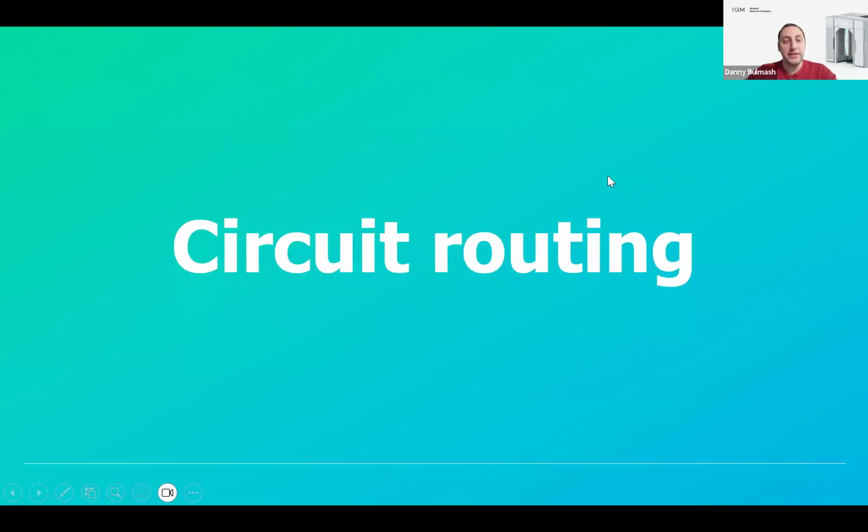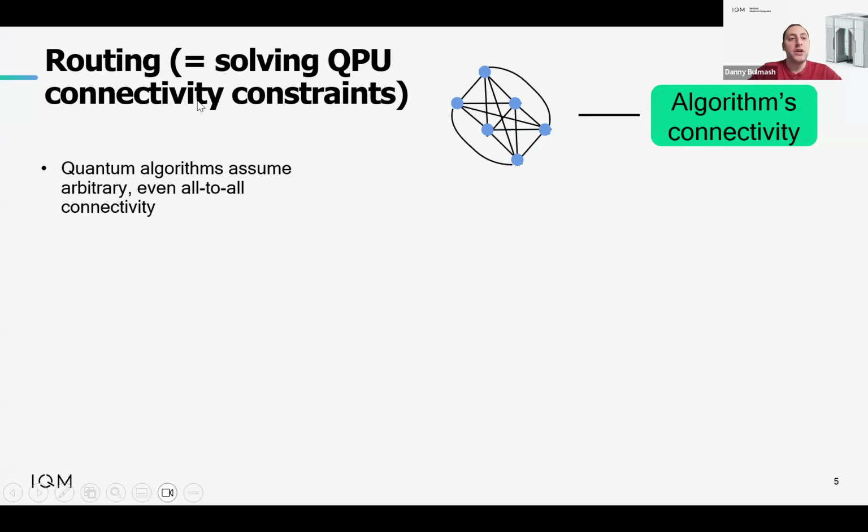One of the big things that we have to worry about on a real quantum computer is called circuit routing. We ran into this a little bit yesterday when we were talking about our variational quantum algorithms and hardware efficient ansatzes, but it's a more general issue. In general, when you're writing a quantum algorithm, we assume that any qubit can talk to any other qubit.